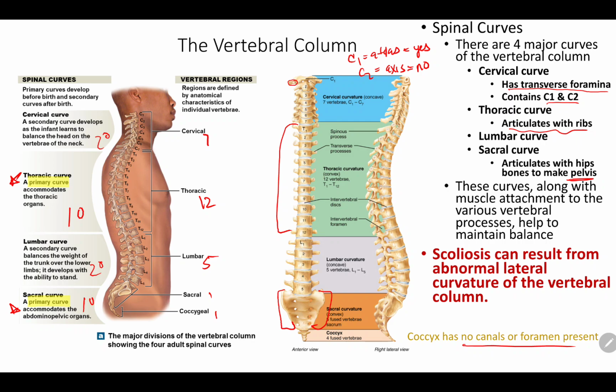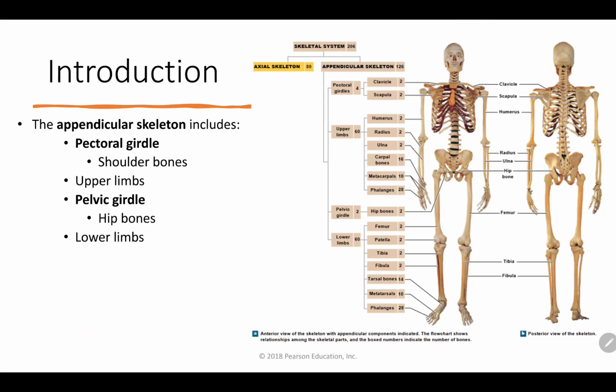No nerves or blood vessels will pass through that coccyx, that tailbone. And so this is a true, perfect spinal curvature. And we know that scoliosis is a disease that can result from abnormal lateral curvature of that vertebral column.